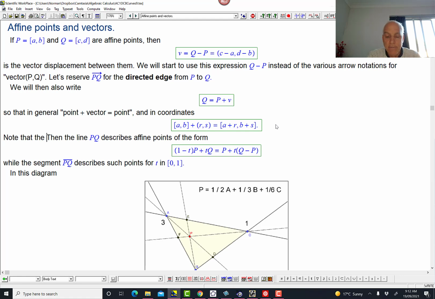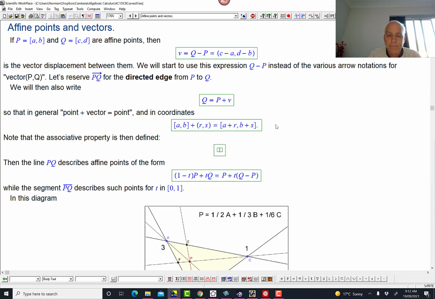I might note here that the associative property is then defined. And what is that? If we have a point P and we add to it a vector V, that's a new point. So now we can add another vector W to it.